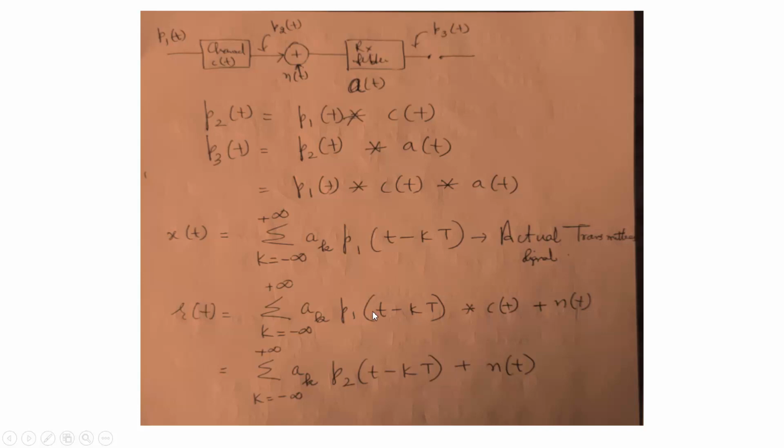Now this convolution of P1 of T minus kT with CT is actually P2T that we have already defined, right? This is P2T. So my expression is changed to AK P2 of T minus kT plus NT. All right, this is my received signal, where the pointer to RT is at this point, before the receiver filter.